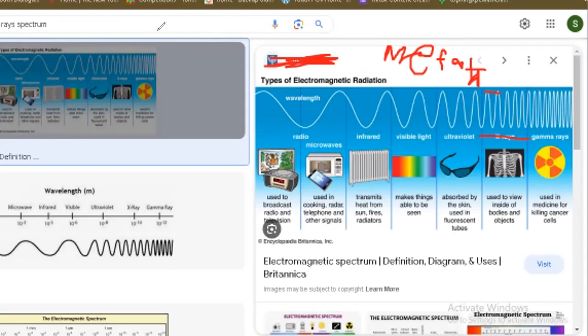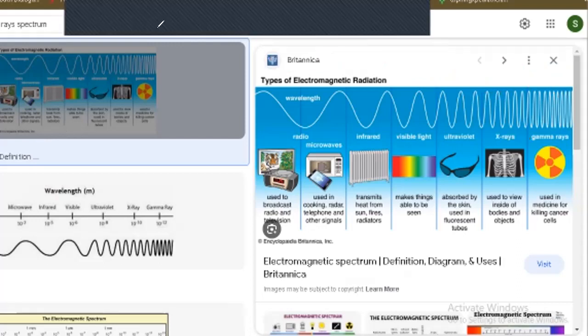The wavelength of this is from 0.1 angstrom to 10 angstrom. Listen, 0.1 angstrom to 10 angstrom is the wavelength of an X-ray.